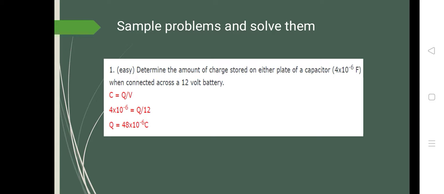So we have the formula C equals Q over V. So 4 times 10 to the power of negative 6 is equal to Q over 12. The Q is unknown, so we have the answer of 48 times 10 to the negative 6 coulombs.